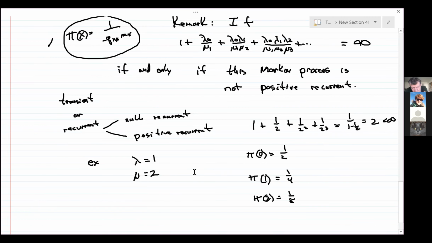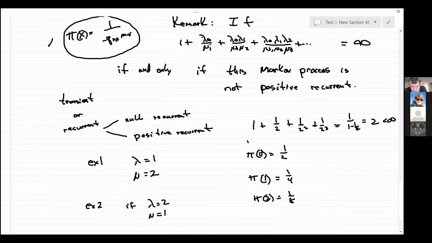Okay. On the other hand, if you have these rates reversed, so this is example 2, if lambda was equal to 2 and mu was equal to 1, so the birth rate was faster than the death rate, then what do all these things look like?